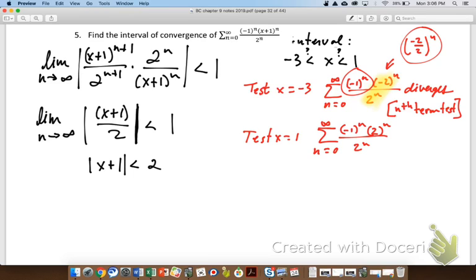Essentially the same thing, except instead of 1 to the n, it's -1 to the n, because these two would cancel out to be a 1. So it's just going to jump back and forth, staying 1 away from the x-axis the whole time. So it's the same kind of reasoning: it diverges because of the nth term test.